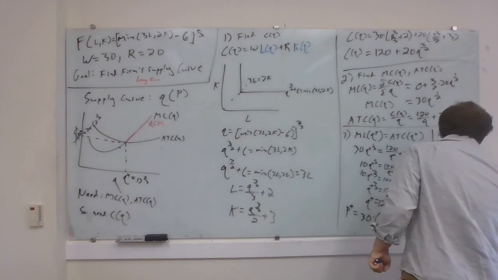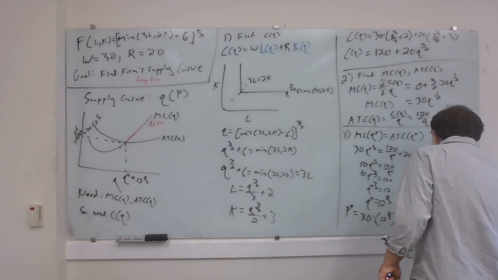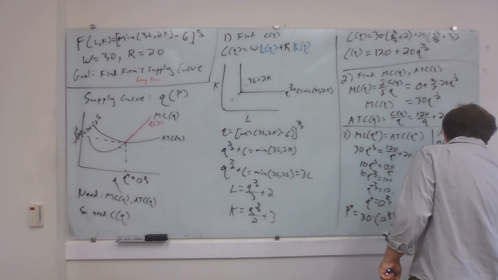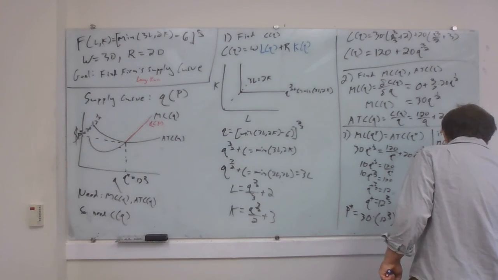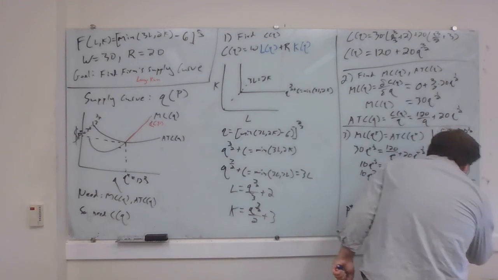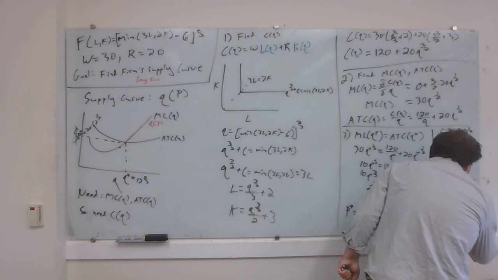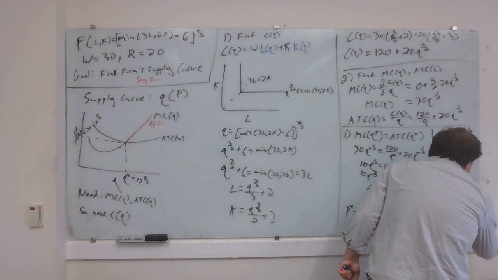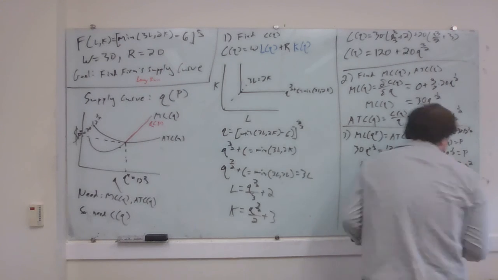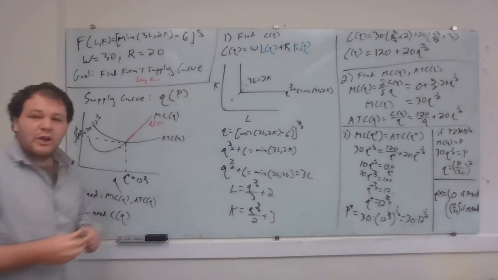So our final answer is going to be Q of P equals 0 if P is less than 30 times 12 to the 1/2, and P over 30 squared if P is greater than or equal to 30 times 12 to the 1/2. Great.